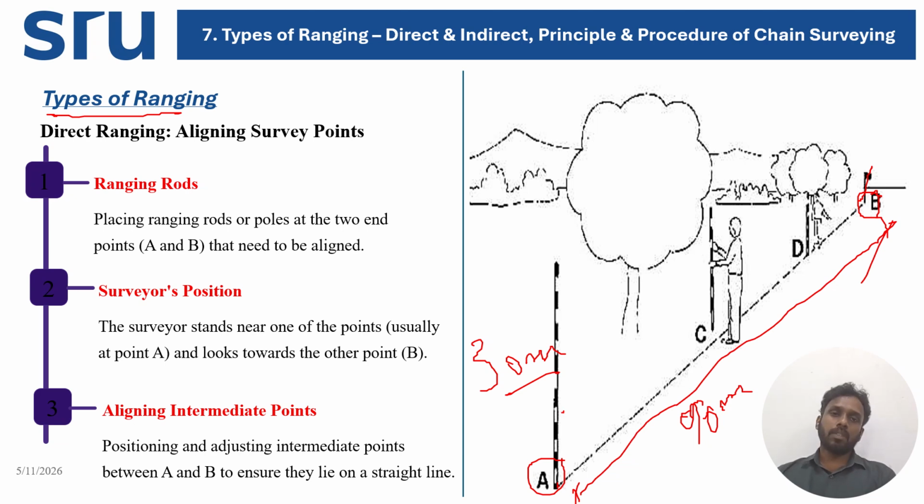So that is the survey position. The surveyor stands near one point, usually at point A, and looks towards the other point B. What he'll do is adjust the intermediate point between A and B to ensure they lie on a straight line. That is the major purpose of ranging, and this type of ranging is called direct ranging.